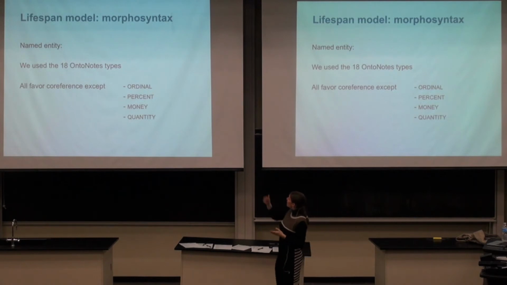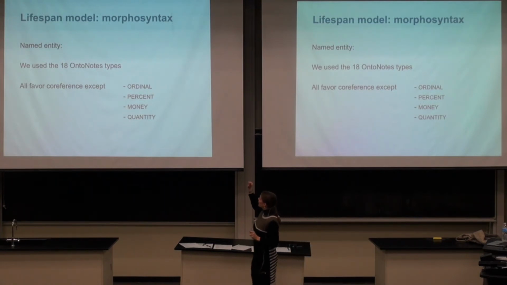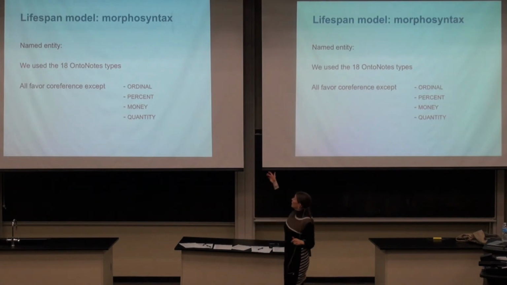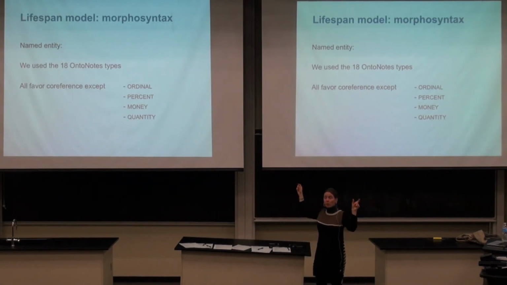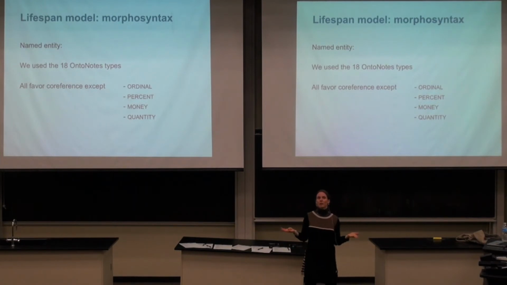We took the OntoNotes gold standard types for named entities. The ones that do not favor coreference are ordinal, person, percentage, money, so a money value, or a quantity. And I think that kind of makes sense.